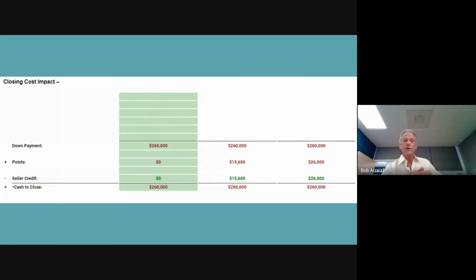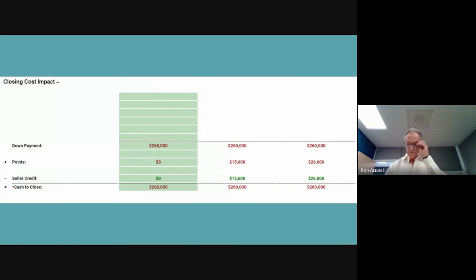That's not really going to motivate a lot of buyers to move forward. But here's what will motivate them: don't drop the price. Offer a $15,000 seller-paid concession to the buyer to buy down the interest rate.